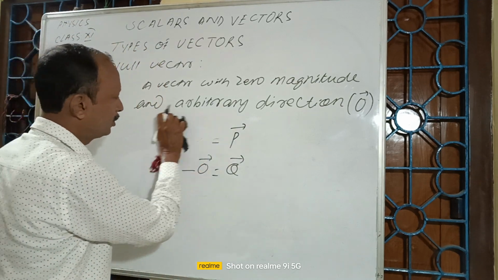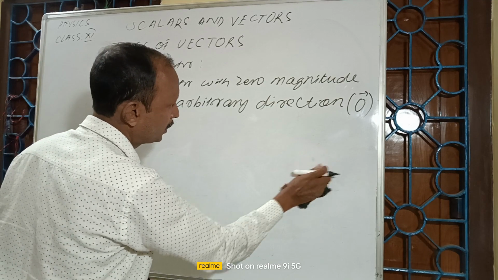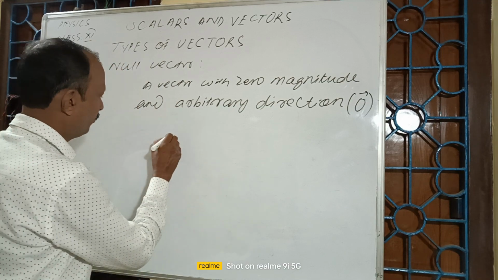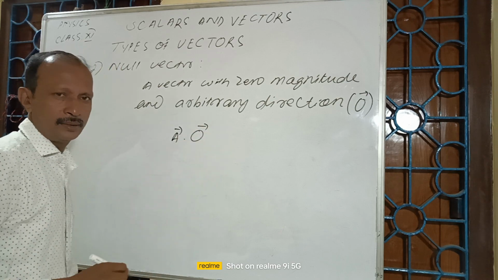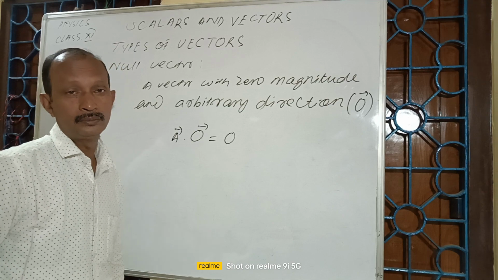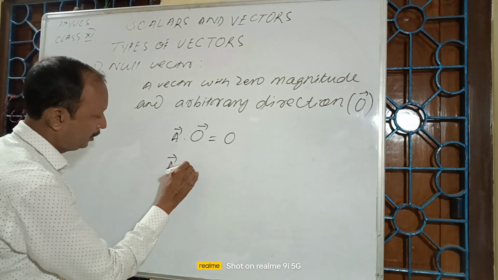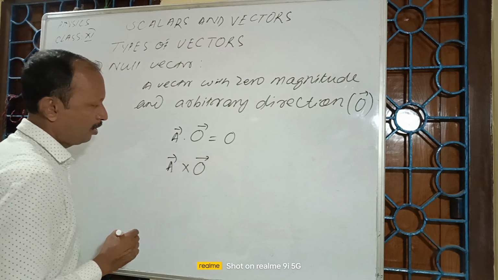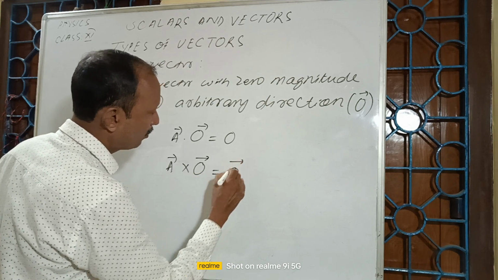Now, let us see about the multiplication. Suppose there is a dot multiplication. Vector A dot null vector. The answer will be 0. But at the same time, vector A cross product null vector, the answer will be a null vector.